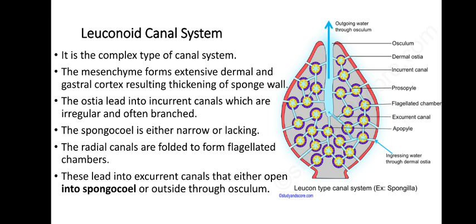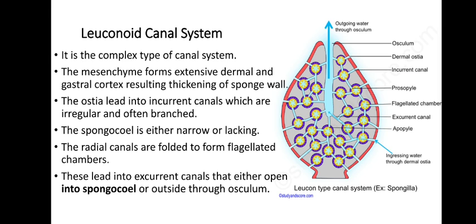It is a more complex one, a direct derivation into the Leucon type itself. When you see a Sycon type of canal system, the embryonic stages have the Ascon type itself, then they undergo modification, but the Leucon type is not that way. It doesn't pass through the Sycon and Ascon types of canal systems during development.